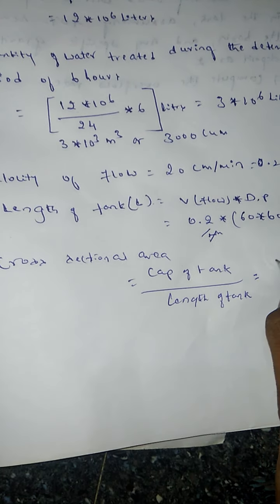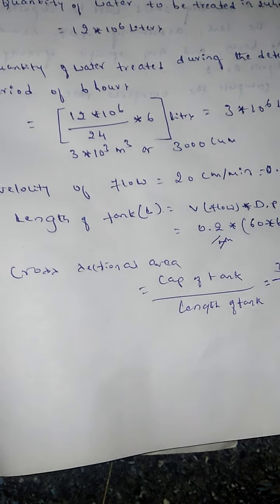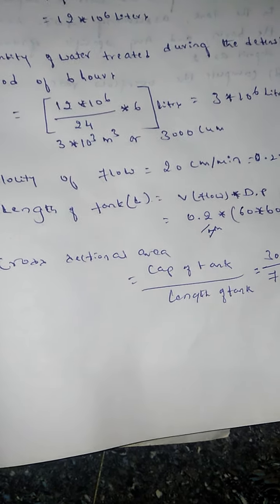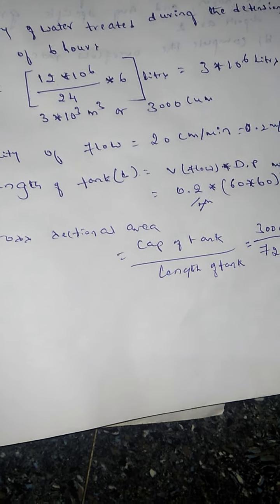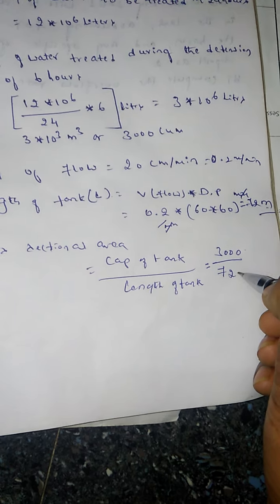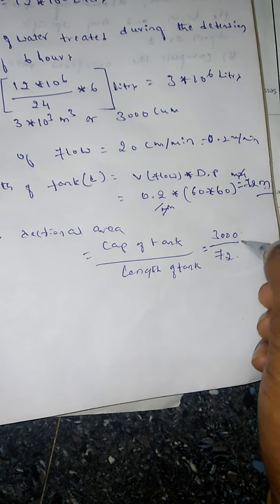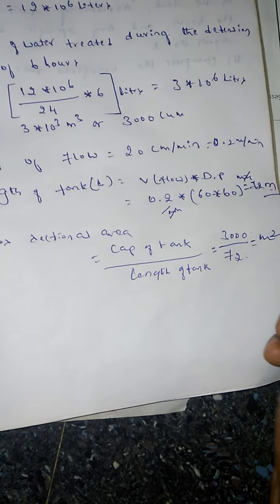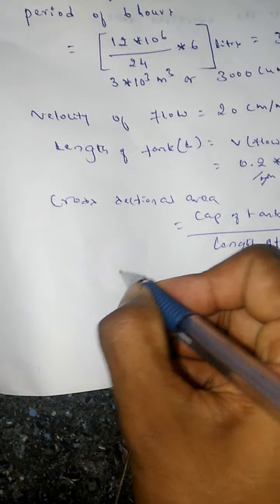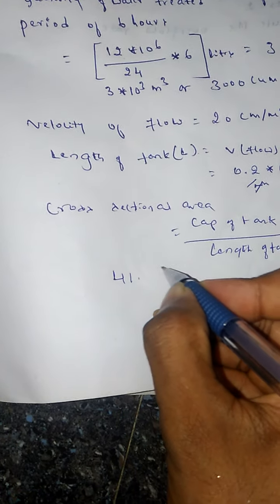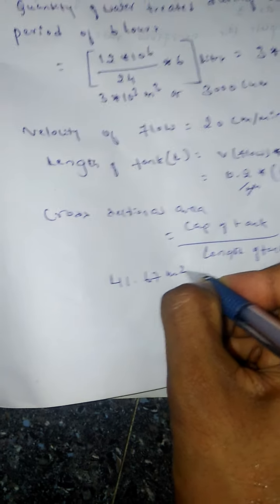So capacity we have 3000 divided by 72. This is in meter cube and this is in meter, so we get meter square. What is the value? 41.67 meter square.